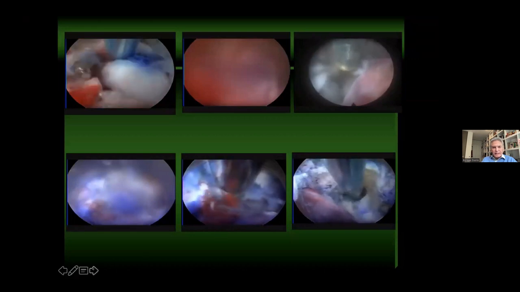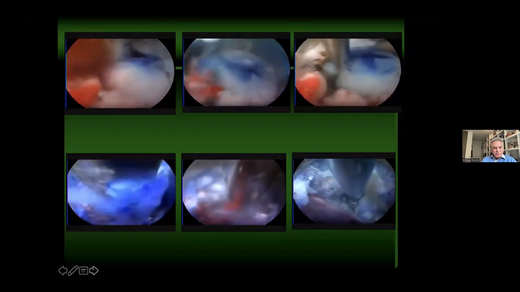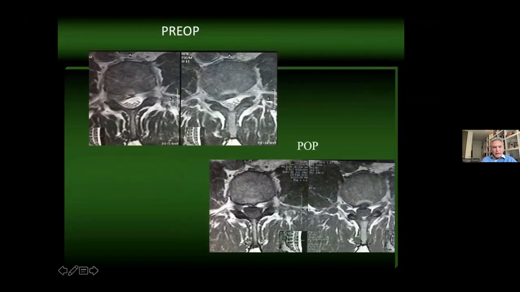This is the technique that we use in these cases. And this is an example of this posterolateral disc herniation in the pre-op and in the post-op.